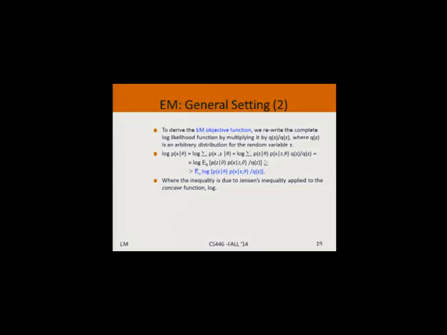Okay? Again, I did nothing. The reason I did this is because now I can say that this is always greater than. So what do I have here? I have log of expectation. I can say that this is always larger or not smaller than the expectation of the log. Basically, that's the key thing.